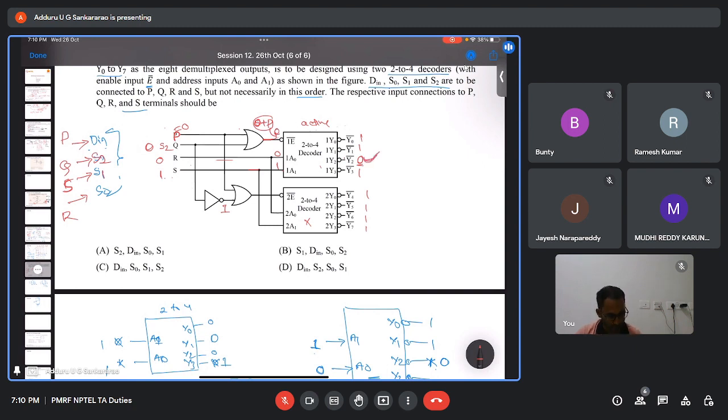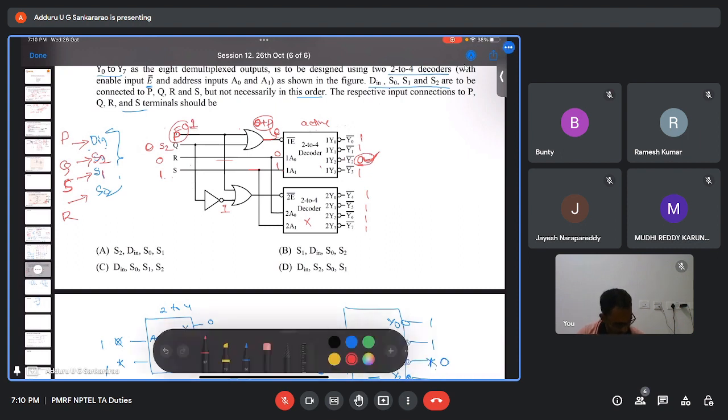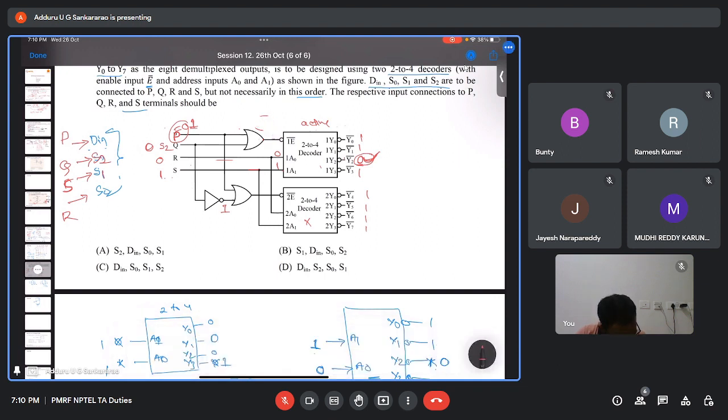That means whatever data we are giving at the P input, the same data we are getting at the output. Now P equal to 1 I am giving. P1 means the output of this OR gate will become 1, so the upper decoder is also inactive. That means Y2 is also 1.